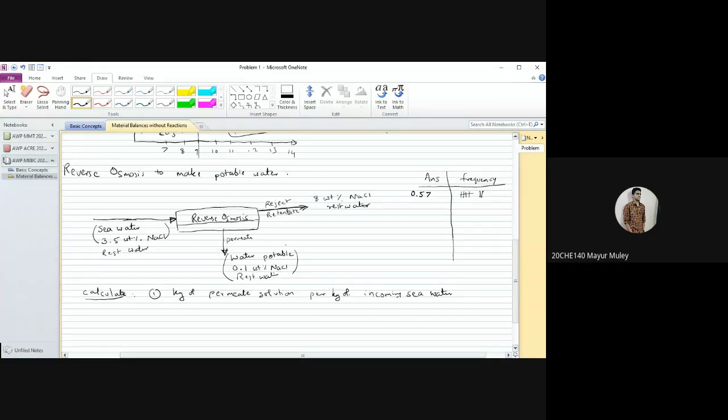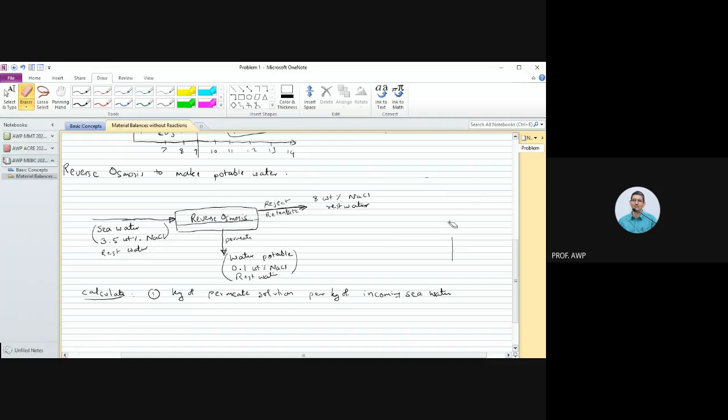Okay. Other people want some more time, or should we see the solution? This seems to be a very popular answer. Maybe it is correct. Other people want more time? Or should we see the solution?